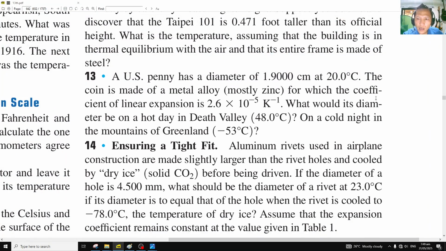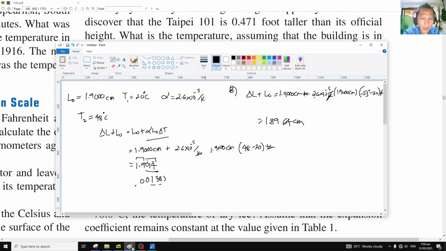Take note that the Celsius value was given to 3 significant figures. So the diameter is 1.8964 centimeter.